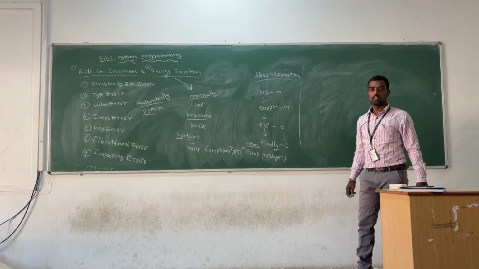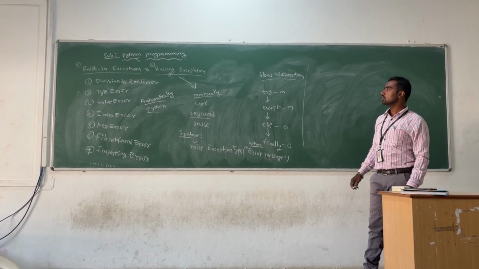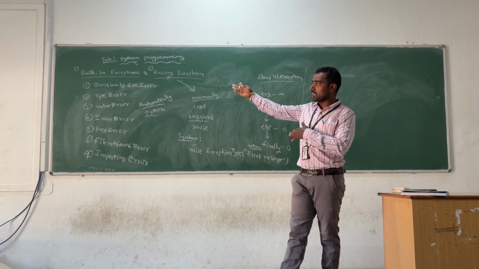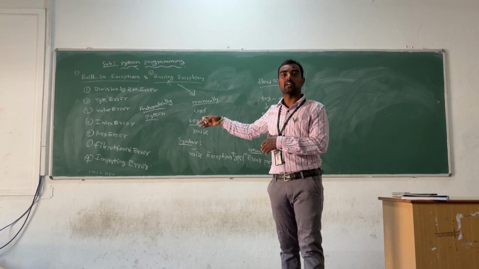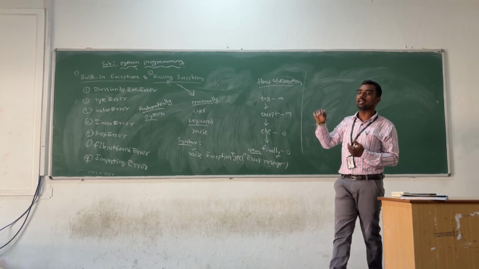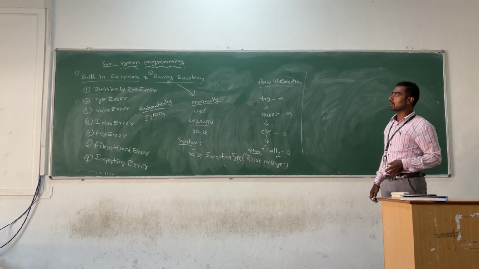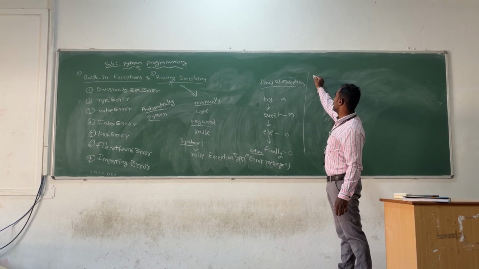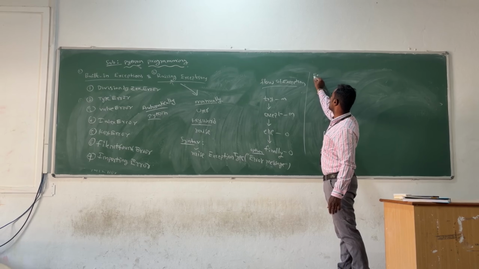So let us see one example for the raising exception. We already know built-in exceptions are generated automatically; we are not creating them. Here we should know how to generate a raising exception. We already know the syntax, so I am giving one example program.